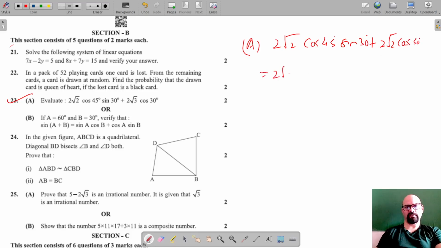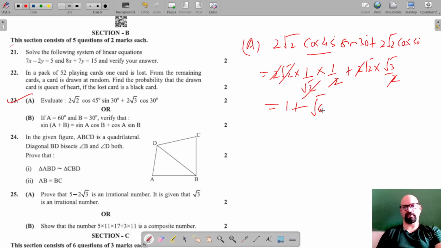Now let's put in the respective values of these angles. Cos 45 is 1 by root 2, sine 30 is half, cos 30 is root 3 by 2.